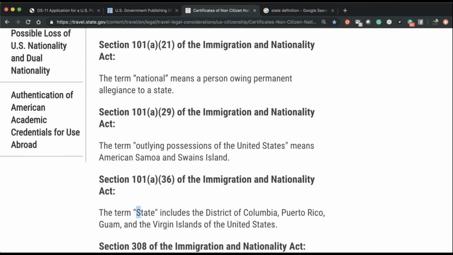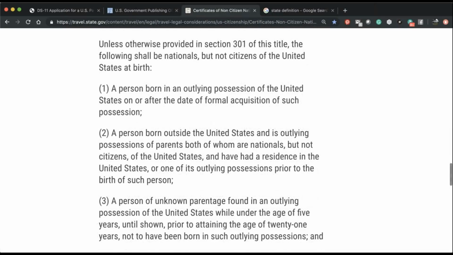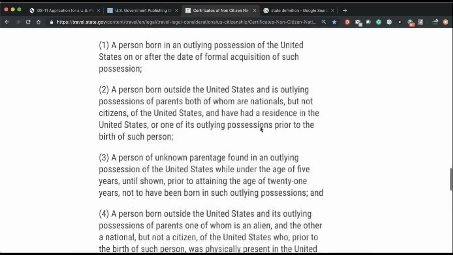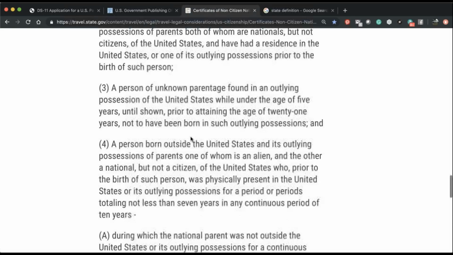All right? So let's go back to this. Unless otherwise provided in Section 301 of this title, the following shall be nationals but not citizens of the United States: 1. A person born in an outlying possession of the United States on or after the date of formal acquisition of such possession. 2. A person born outside the United States and its outlying possessions of parents both of whom are nationals but not citizens of the United States, and have had a residence in the United States or one of its outlying possessions prior to the birth of such person. 3.